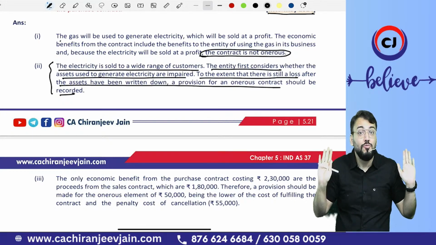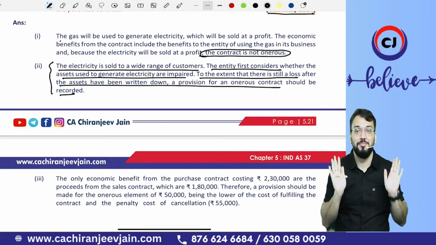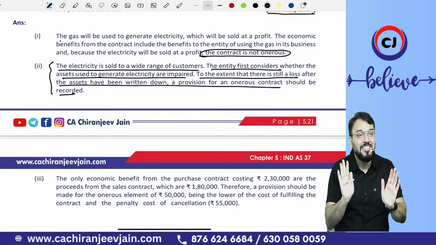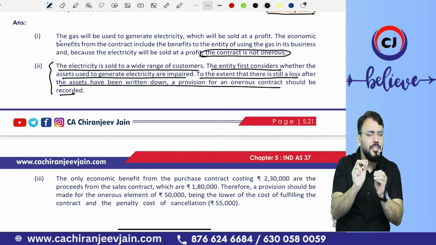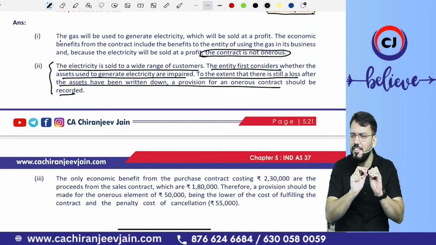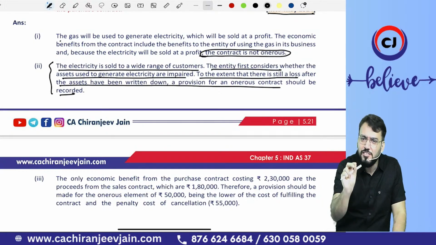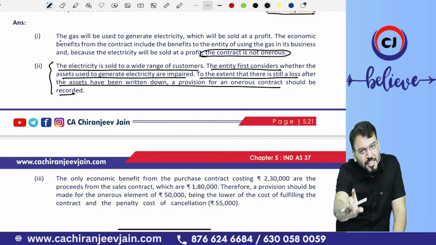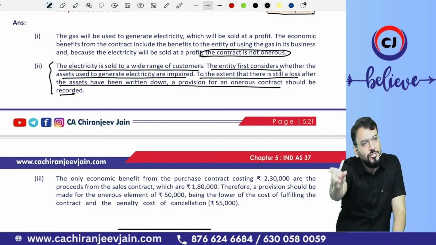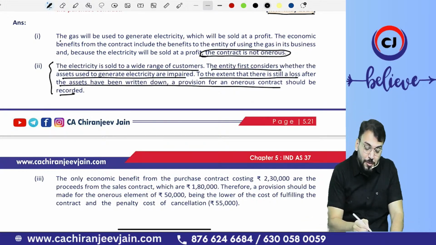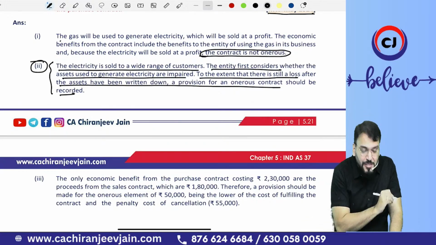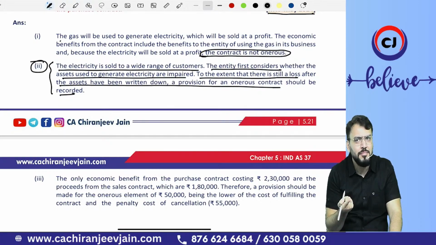But ICAI is known for changing the trend. Understood? But 90% of the time they are very good. They will first inform you this is a new question, then they will ask either the same question or a similar question in the exam. So good, correct. But for this point, for the first time they have asked. So now you can write it up.